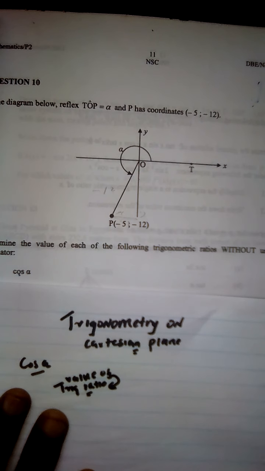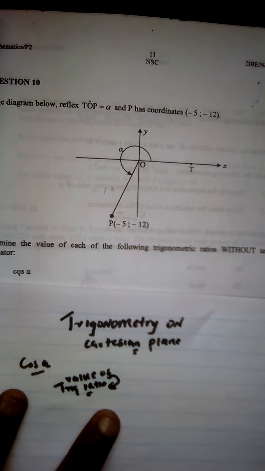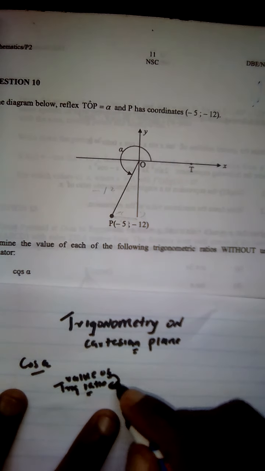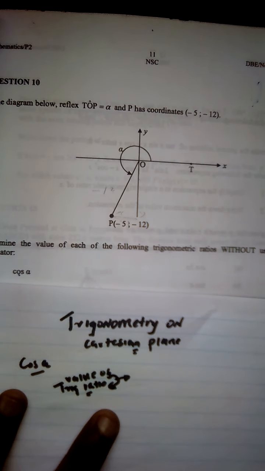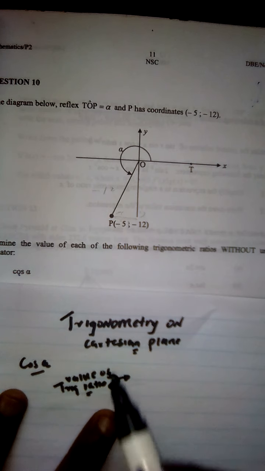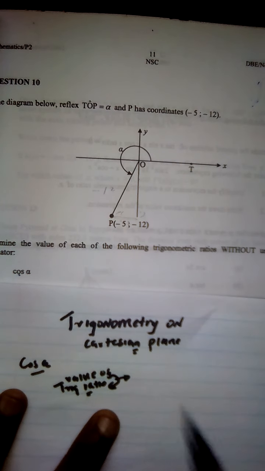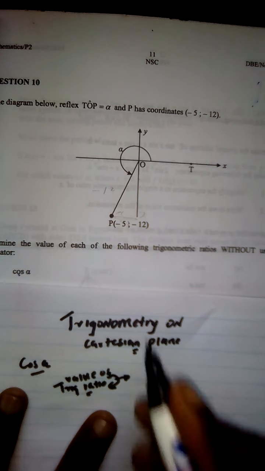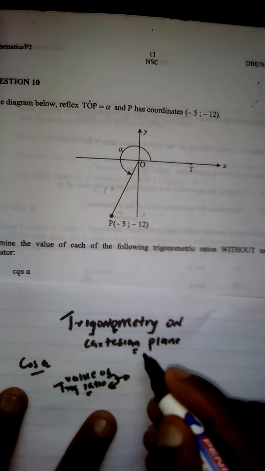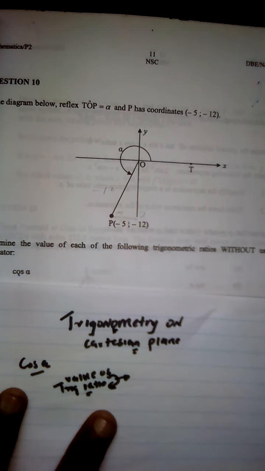Why am I saying it's so important? It guides you that you must have an understanding of trigonometry on a Cartesian plane. The question itself is a guideline that the trigonometry I'm going to use is the trigonometry on a Cartesian plane.